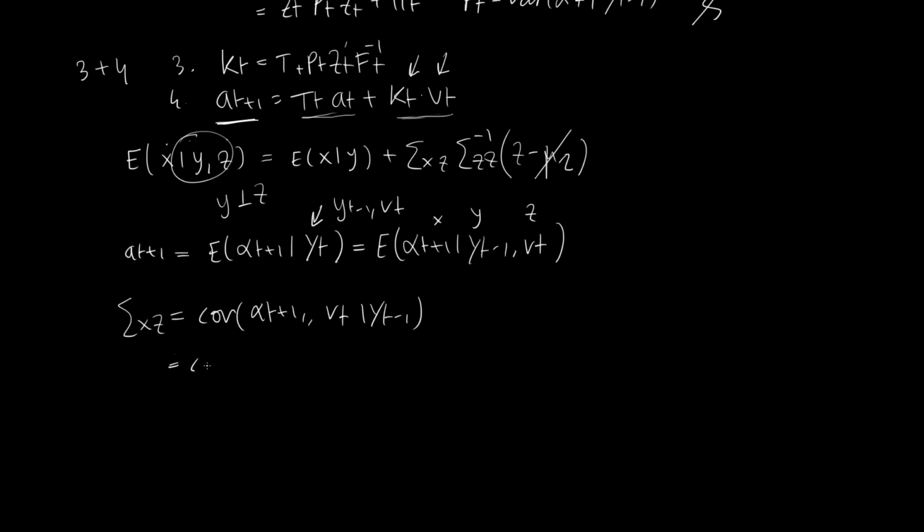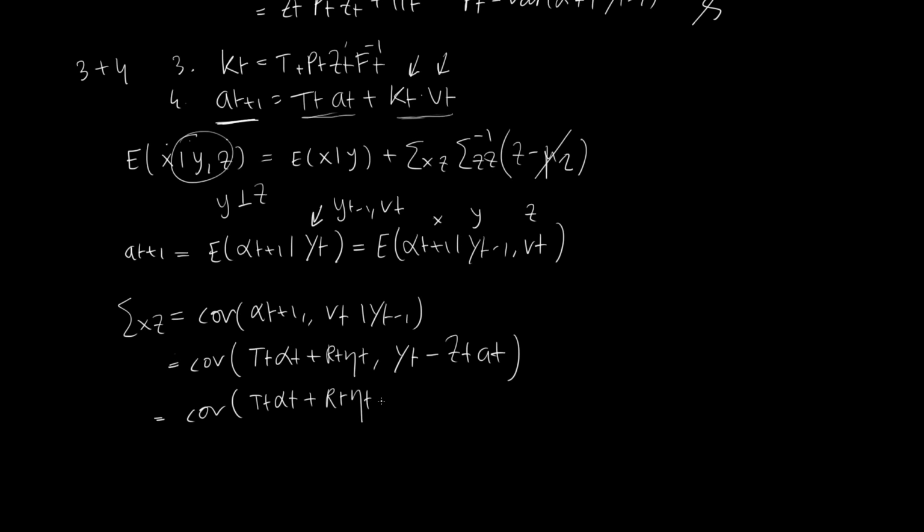So this is just the covariance between T_t alpha_t + R_t eta_t, and Y_t minus Z_t A_t.